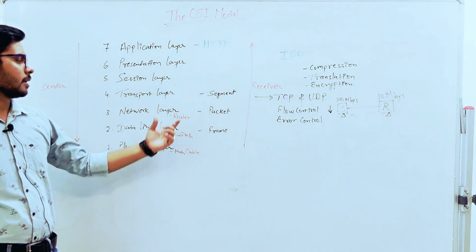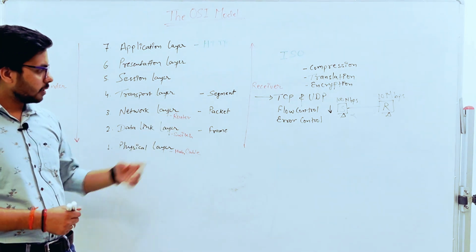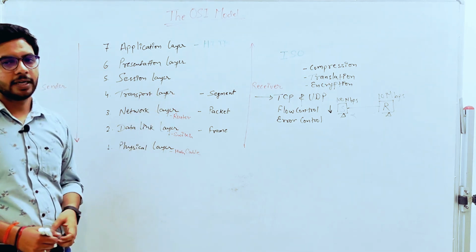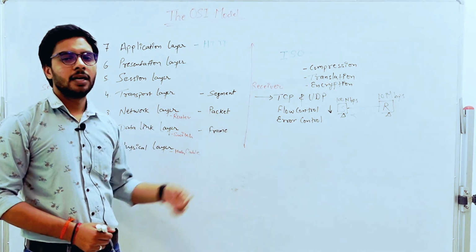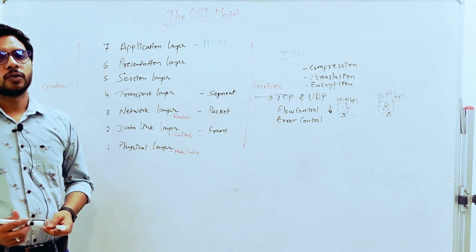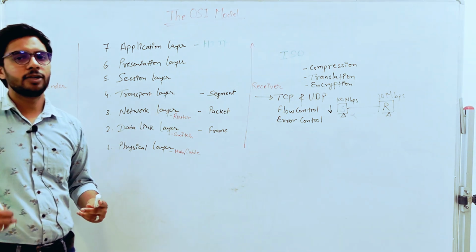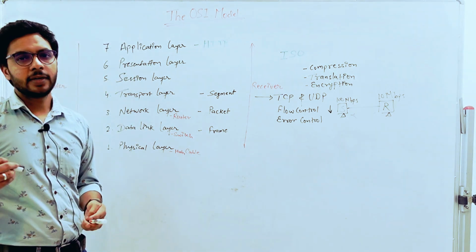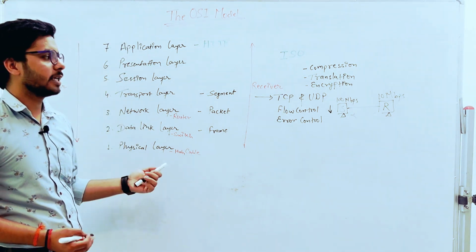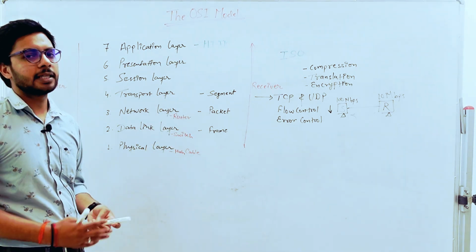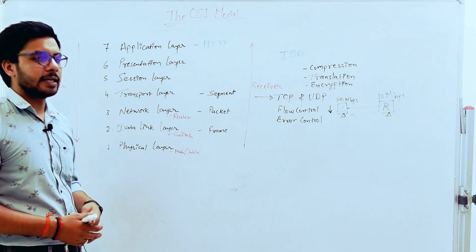So it has taken segments from your transport layer and converted them into packets. Another task for your network layer is that it is going to facilitate communication between two different networks, like it will take packets from one network and forward them to the second network.